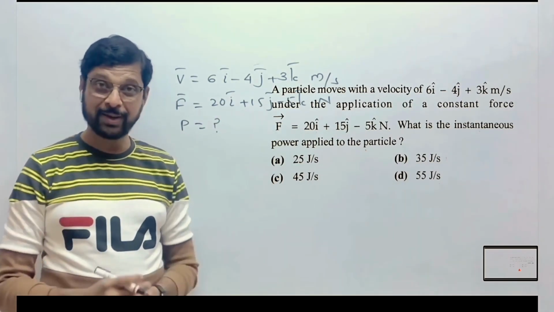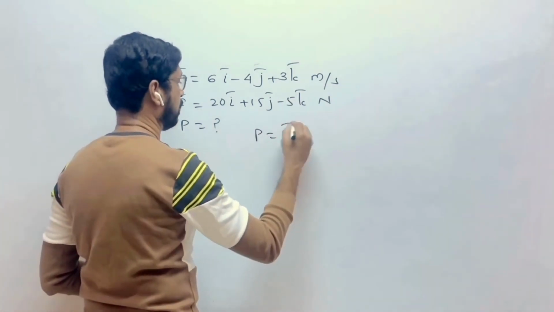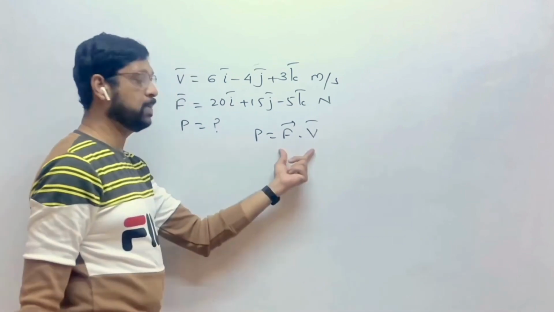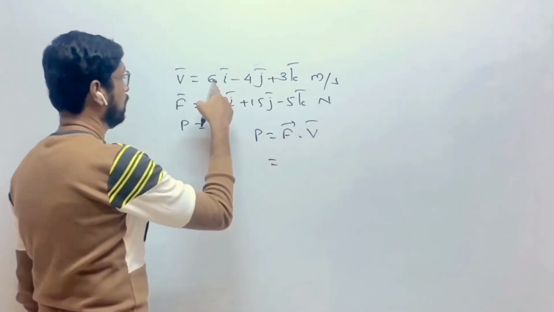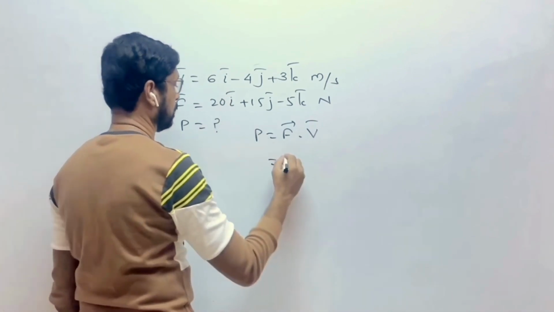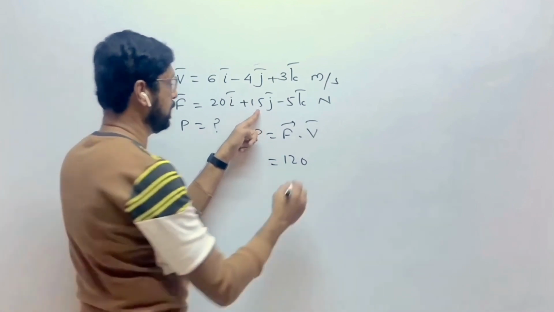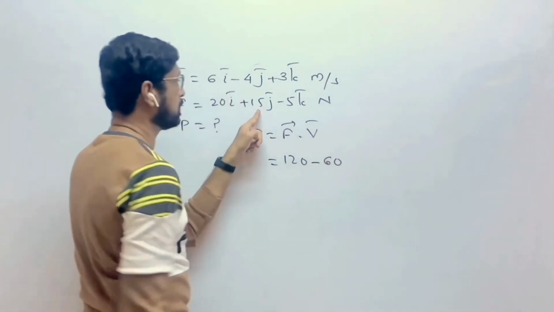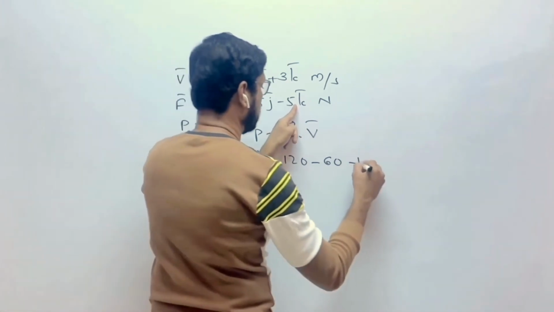Any need for explanation? अभी जो किया हमने, power is F dot V, AX BX plus AY BY plus AZ BZ, that is equal to 6 into 20, 120, minus 4 into 15, minus 60, 3 into minus 5, minus 15.